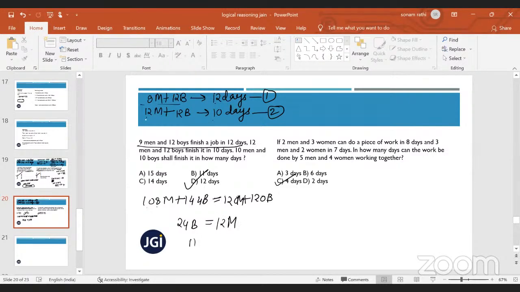So it means 1 man is equal to 2 boys, right? And then work on it. It's simple. Second question, similar way. I hope you're getting these questions easily. There's nothing difficult in these questions. Question number 1, answer is 12. Question number 2, answer is 4 days.